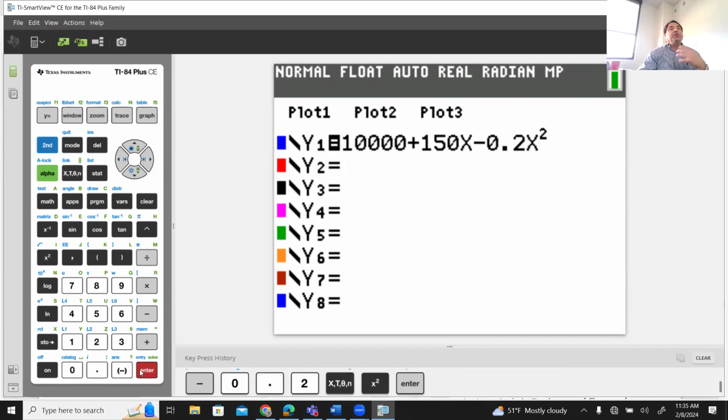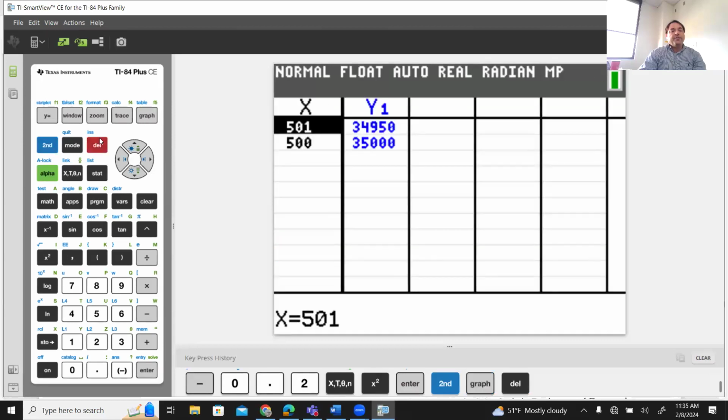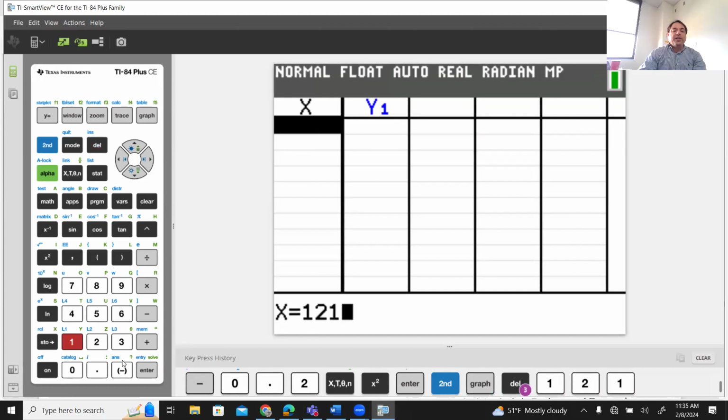Now remember, x is the number of bicycles, and this is going to tell us total cost. So we're trying to find the total cost of 121 bikes, the 121st bike. Okay, so I put the cost in y1. I go to the table, second graph. I put in 121, and I will tell you that the calculator does round. So if you use that number, that's fine.